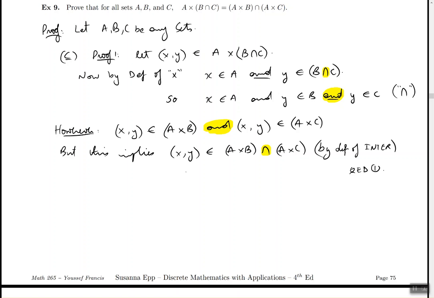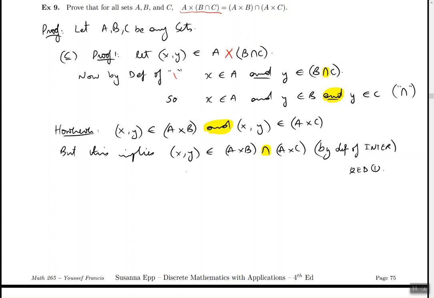So to recap, what happened in proof number 1? Here's what happened. First of all, we saw that we are working with A cross B intersect C, and because there's one cross right there, that tells me that the elements are ordered pairs. This is why I said let xy be an element of the cross.